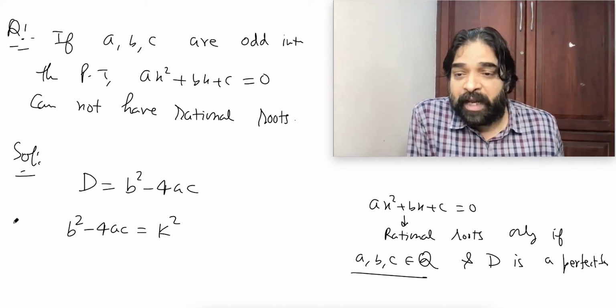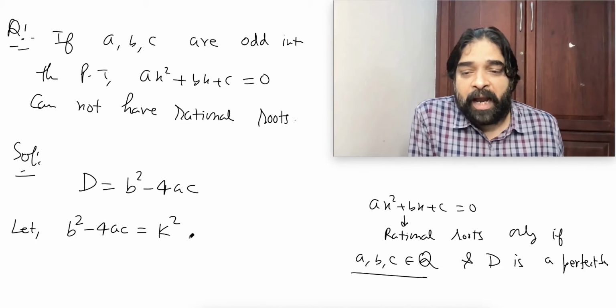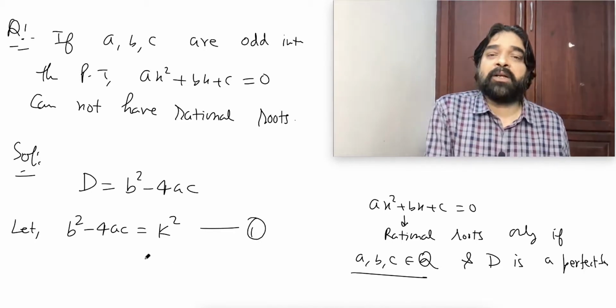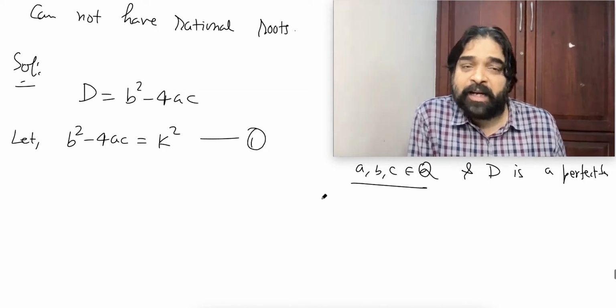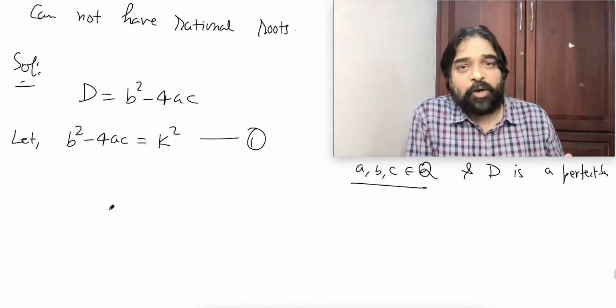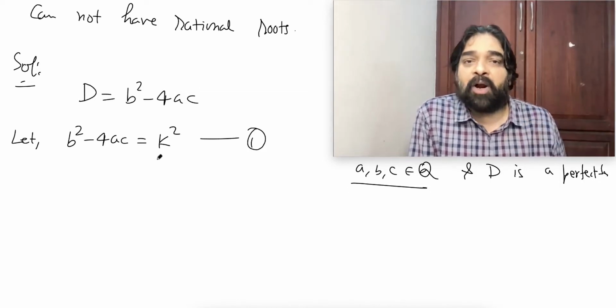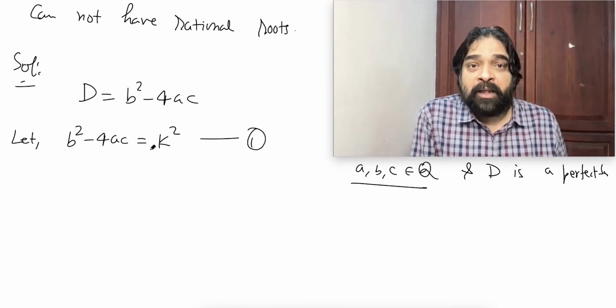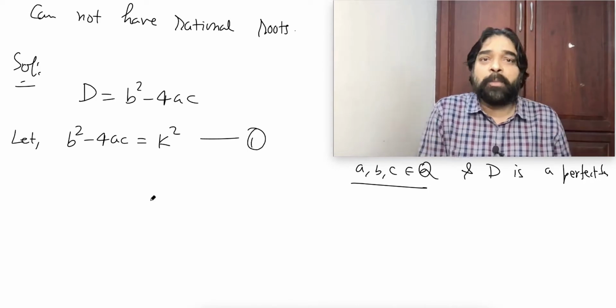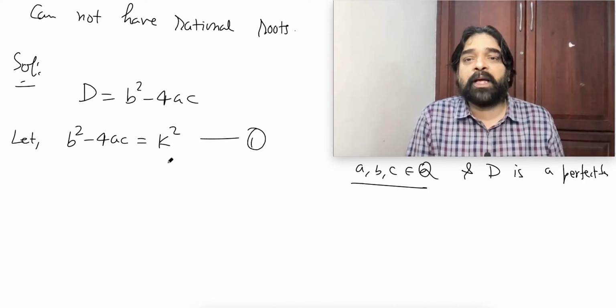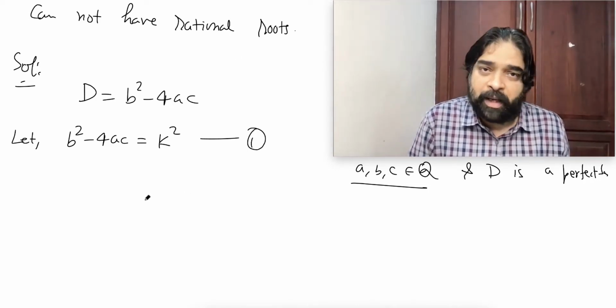I'm assuming this, and I will prove this assumption wrong. Then only we can say it cannot have rational roots, because the first condition is already satisfied. For the second condition, I have to prove that this is wrong. If this becomes correct, a, b, c are already rational, so totally the roots will be rational, and we have to prove we cannot have rational roots. Am I right or not?